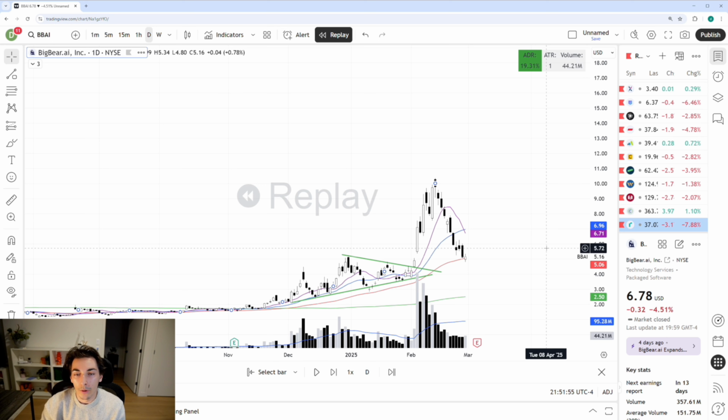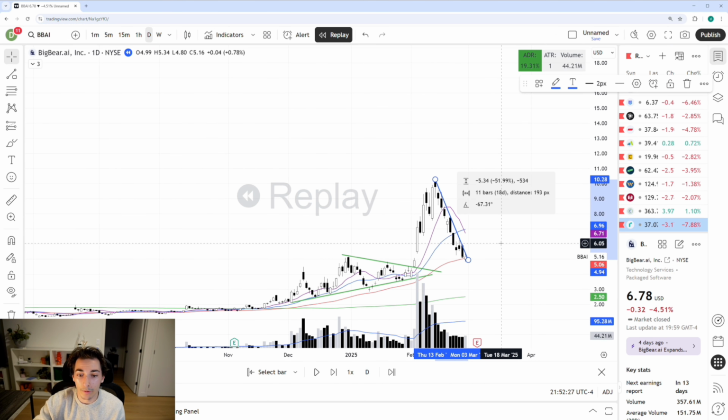You can never sell at the exact top, but my strategy gets you sort of close to the top without guessing. You just wait, and you have a very simple one-step plan. It closes under the 10 SMA on the daily chart, you sell your entire position, that's it. So this is what I did, and it saved me from a 52% loss.